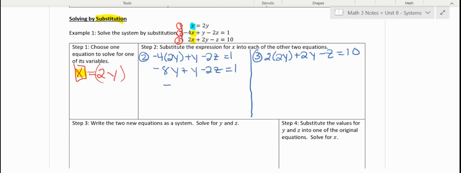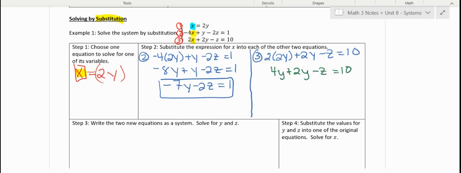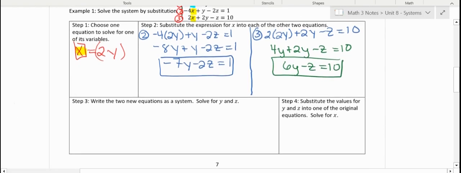I'm going to combine like terms. That's as far as I can go with this new equation I just created. When we substitute into equation 3, I have 4y plus 2y minus z equals 10, so 6y minus z equals 10. And now this is as far as I can go with that third equation.